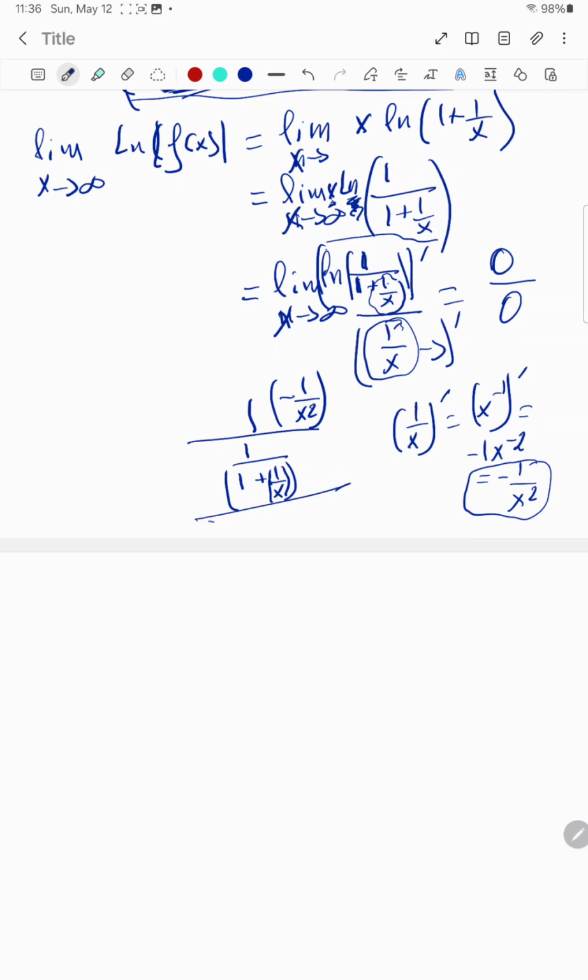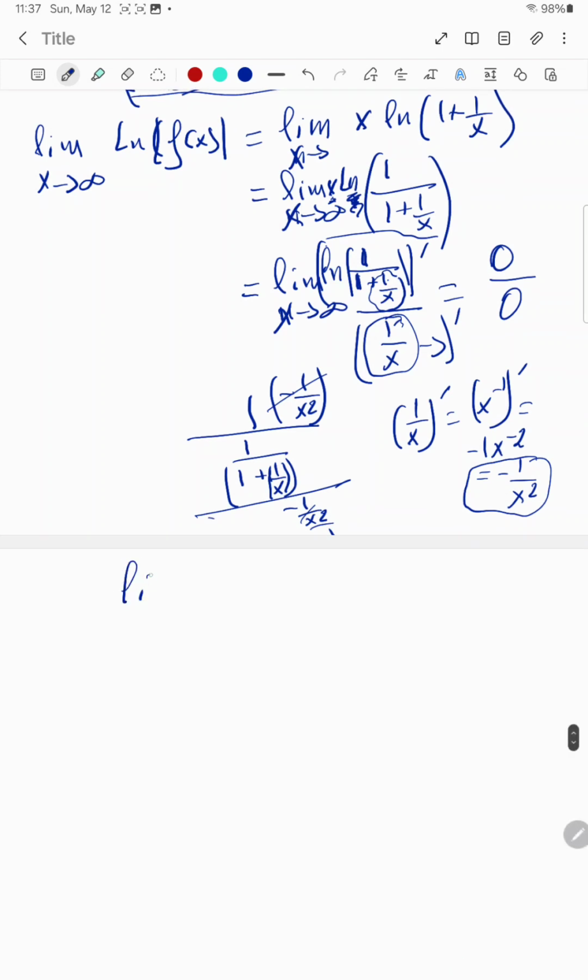And in my denominator, the derivative of 1 over x is minus 1 over x squared, divided by 1. So now I can simplify this with this. So my final answer becomes the limit when x goes to infinity of 1 divided by 1 plus 1 over x.